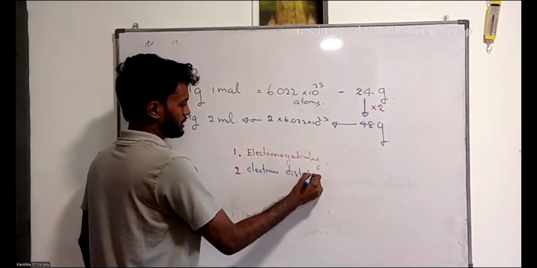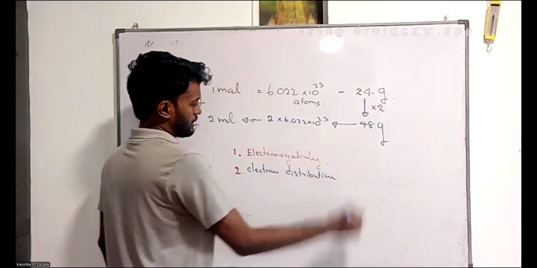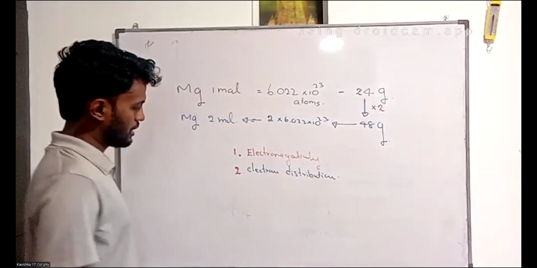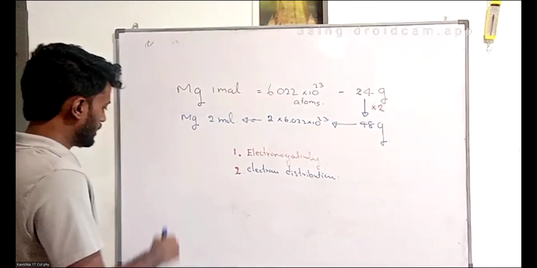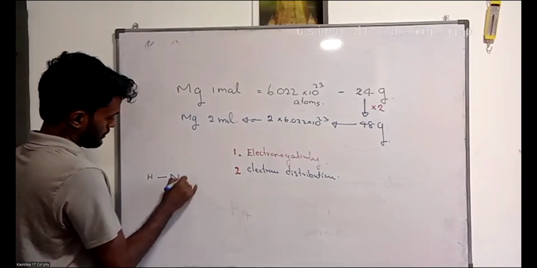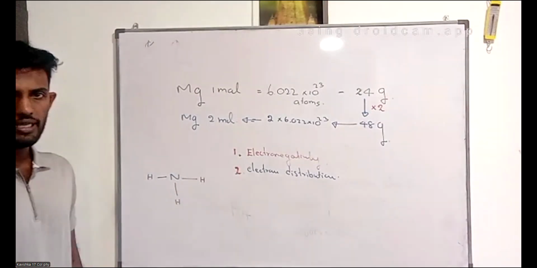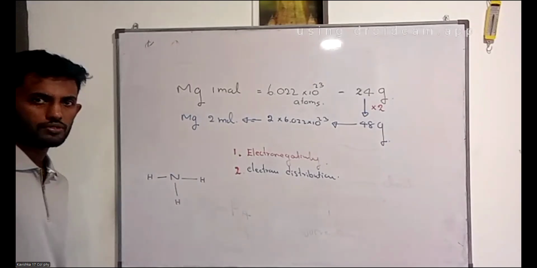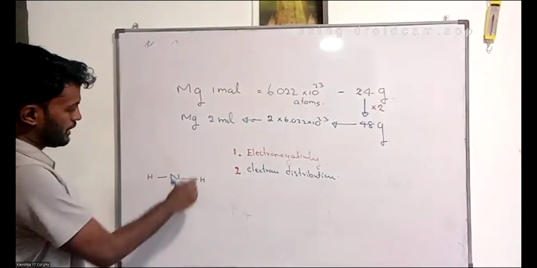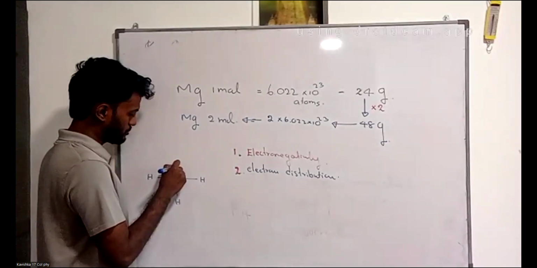So both main factors affect it. Now if we take an example, here NH3, we can draw like this. You have to draw the Lewis structure first, without that you can't do anything. Draw NH3, the nitrogen octet is completed, now we need to put 2 electrons here.